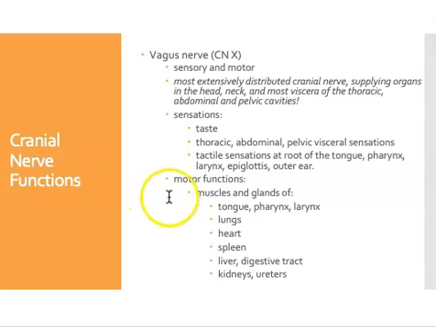On the motor side, remember it's hitting all of the viscera. So muscles and glands, smooth muscle and glands, in the tongue, larynx, pharynx, lungs, heart, spleen, liver, digestive tract, kidneys, and ureters. This is a very extensive cranial nerve.